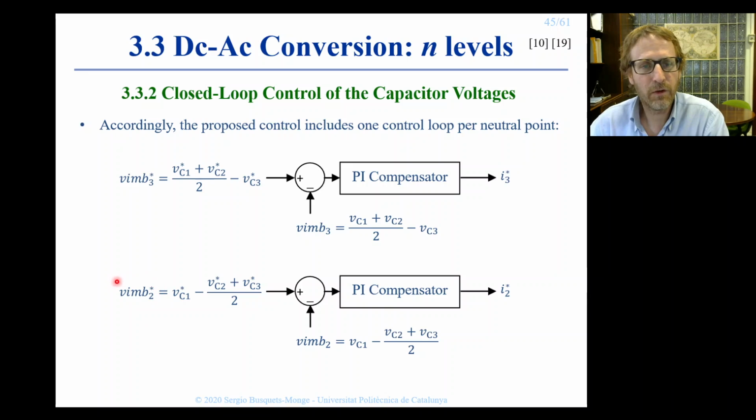One loop is in charge of controlling the value of the voltage imbalance at point 2, while the other loop is in charge of regulating the voltage imbalance at point 3. Each loop is defining the reference or command value for the neutral point currents that we will later on be able to achieve by modifying the duty ratios in a similar way as we did for the 3-level case.